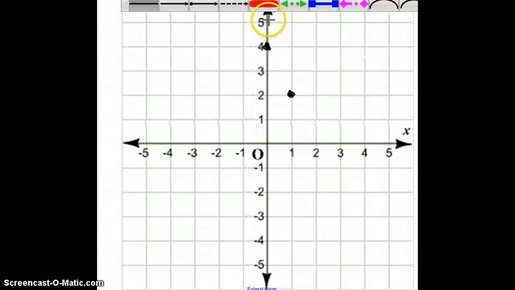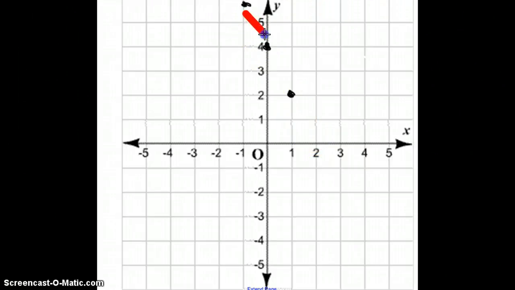And then make a line. We'll do our best line possible here. Something like that, alright?